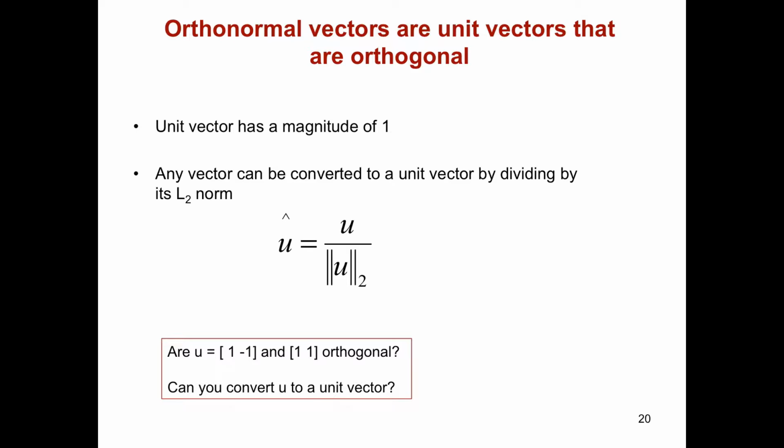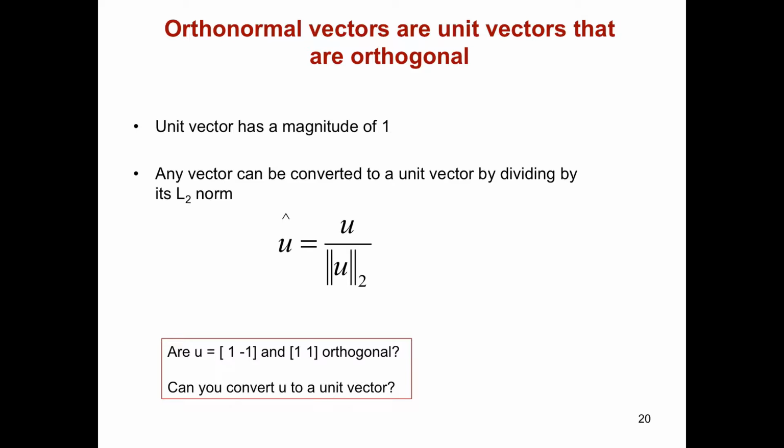The only thing I have to be careful about is that if I'm strictly applying that formula, it takes a transpose of one of them, a row vector times a column vector, so I have to transpose one of them to make it work. Or I can just use the formula where I take u1v1 plus u2v2, which is 1 times 1 plus minus 1 times 1, and that's 0. So they are orthogonal. How do I convert them to a unit vector? Can you do that quickly?